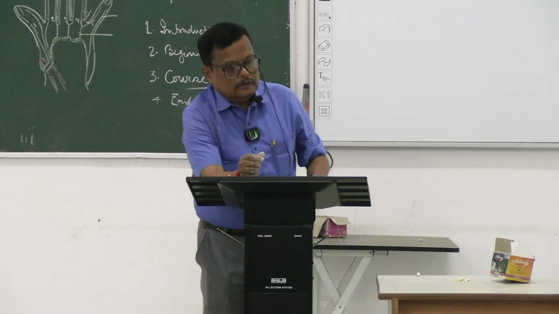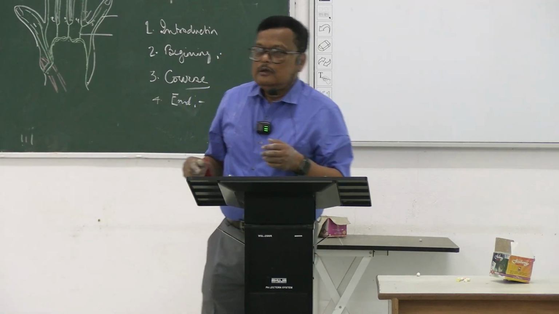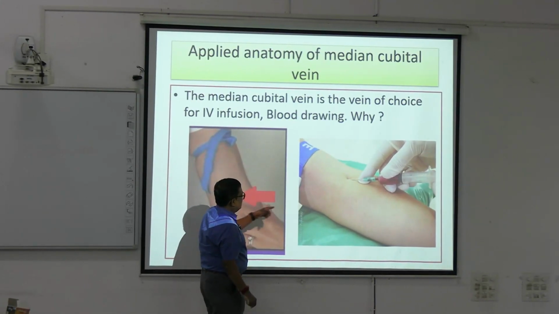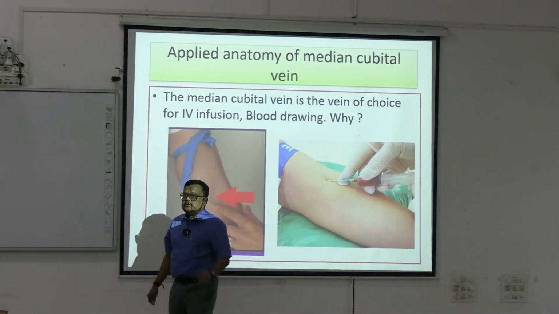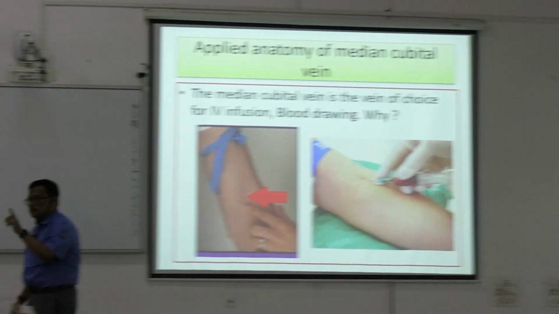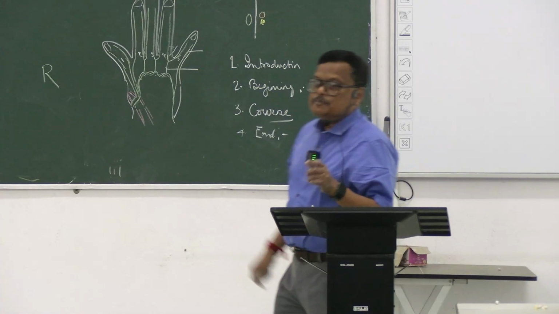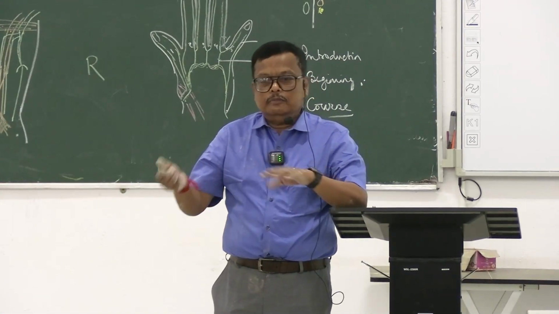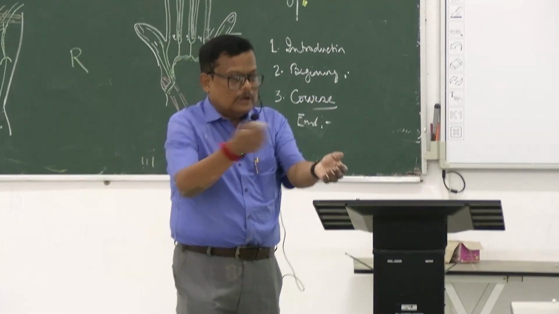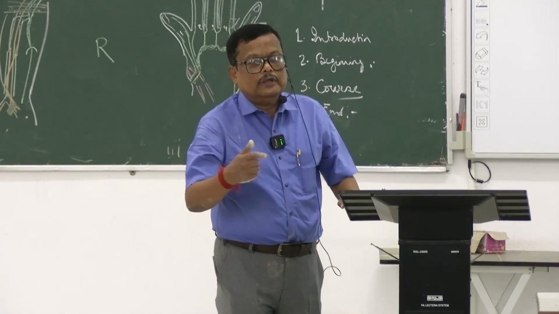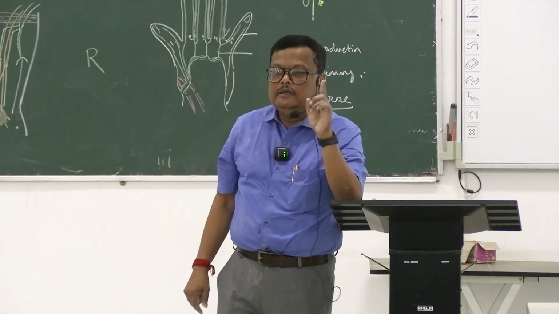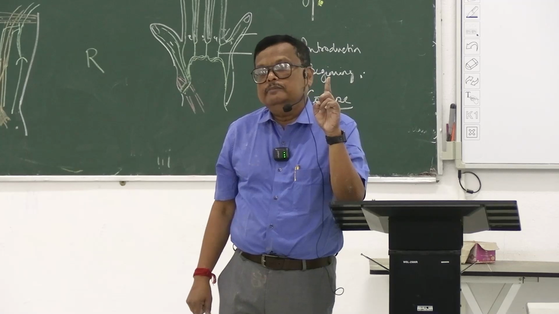Why do you prefer the median antecubital vein for a short-term procedure? Note the short term, especially for drawing of blood. You will see blood is taken from here, or if for some reason we give an intravenous injection, we prefer this vein because, number one, write this in the exam, it is a superficial vein, so it can be easily seen.